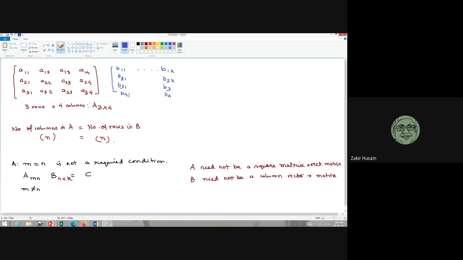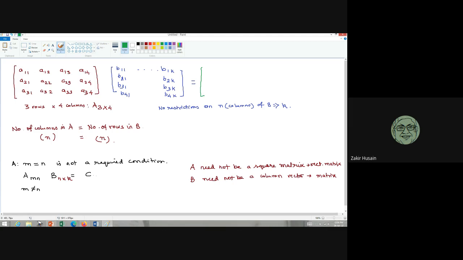So I'm writing K. So there are no restrictions on the number of columns of B. So we say that you have got K columns.